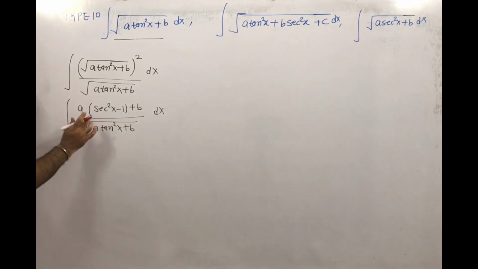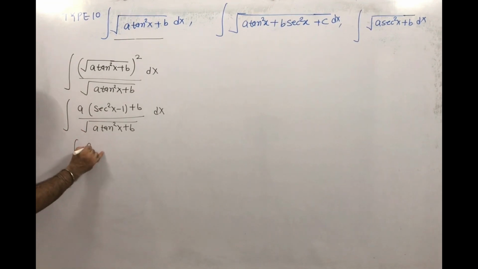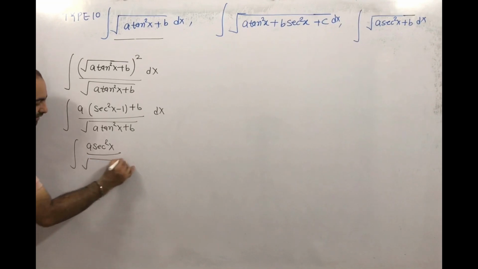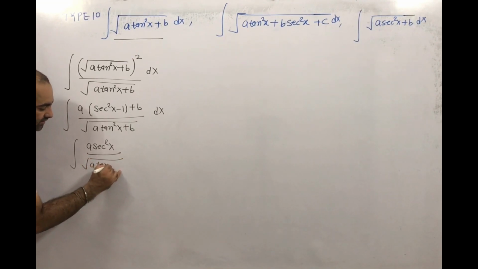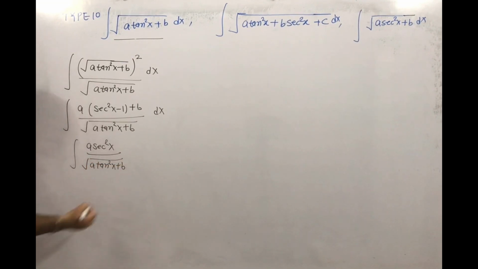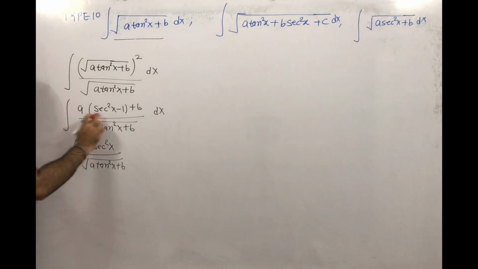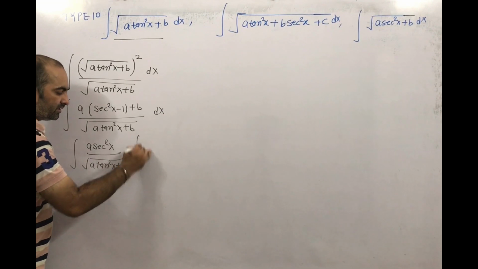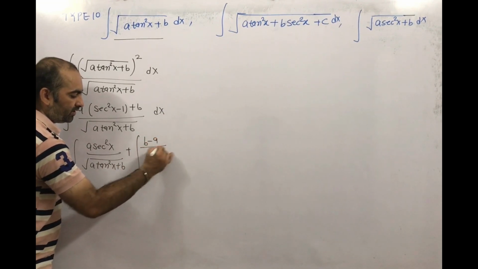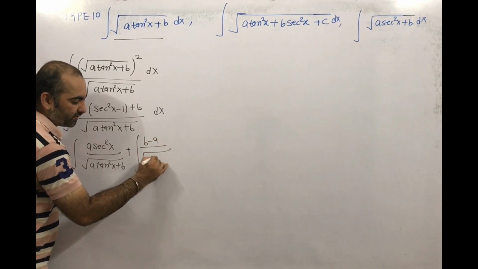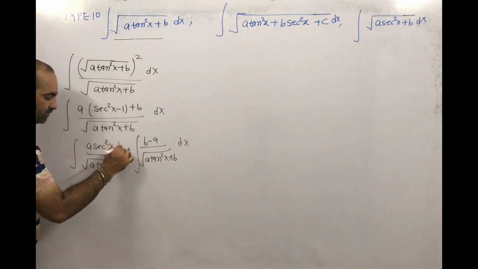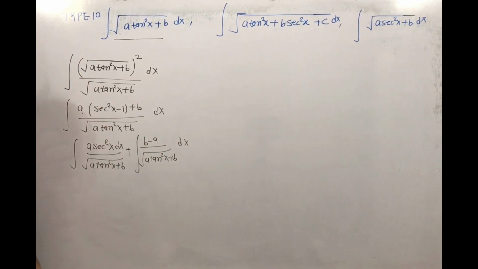Okay, so this one we can write as integration of a secant square x divided by root over a tan square x plus b separate, and here a minus 1 is minus a plus b. So plus b minus a divided by root over a tan square x plus b into dx, and here also dx. This one we are writing.